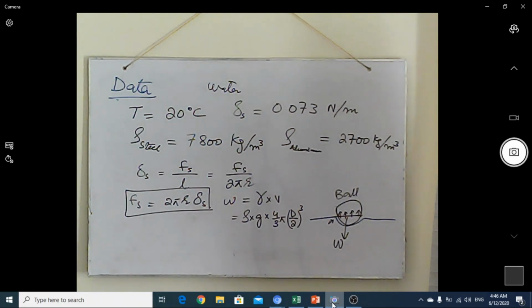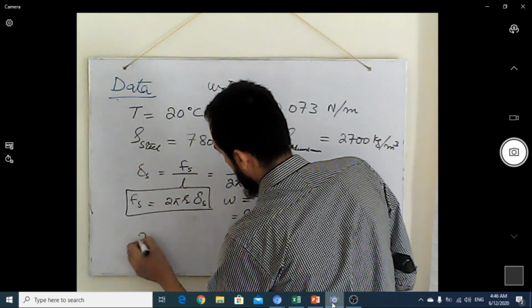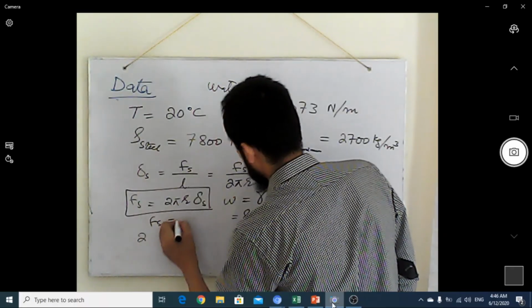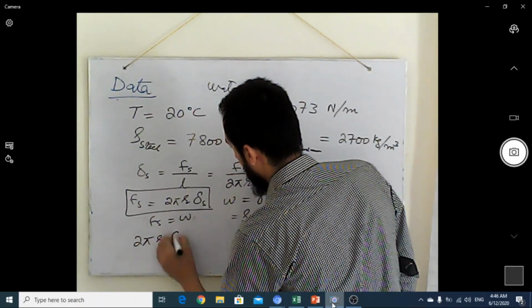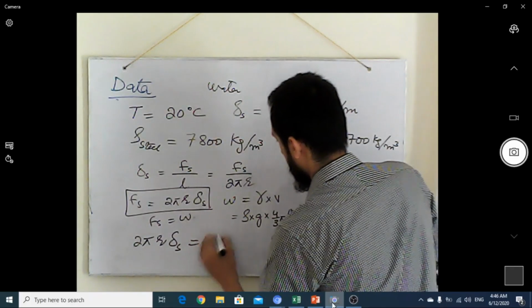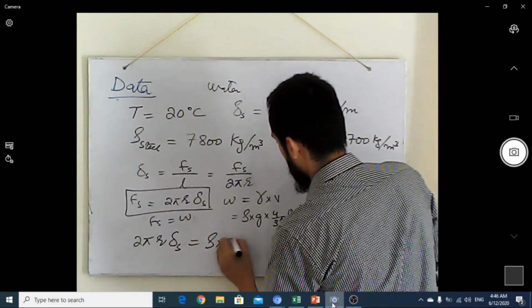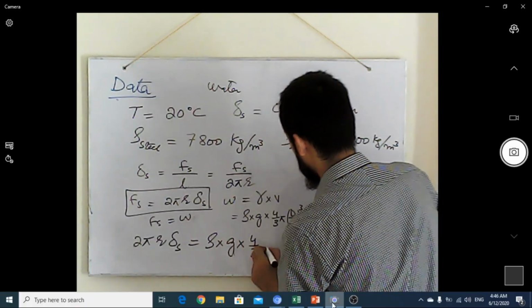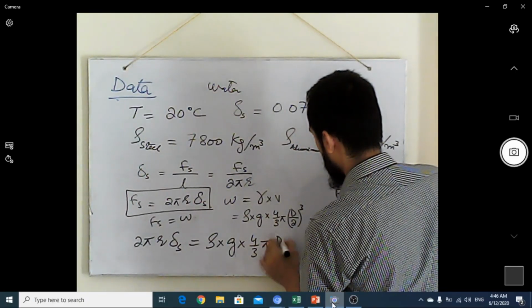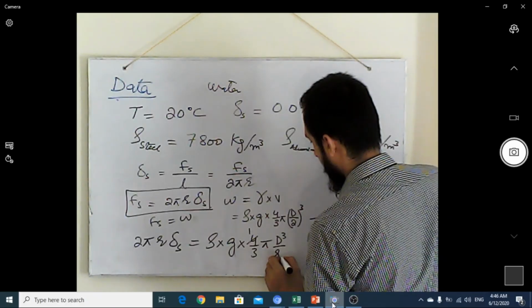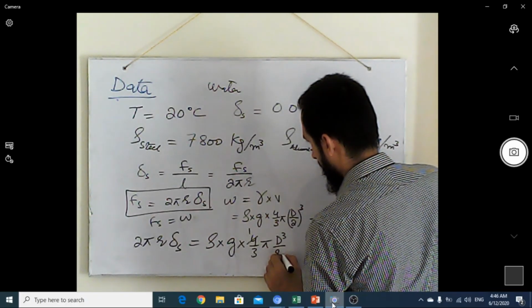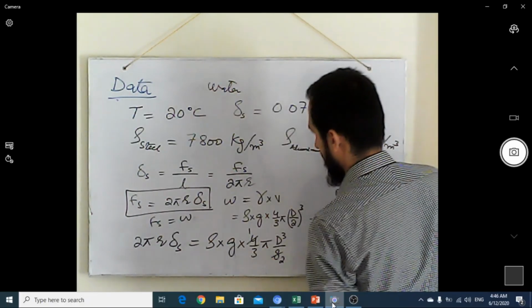So these two forces need to be balanced out in this numerical, so we develop an equation in which we equate Fs equals W, which implies that 2 pi r times the surface tension will be equal to the density multiplied by g times 4/3 pi d cube over 8. 4 ones are 4, 4 twos are 8.